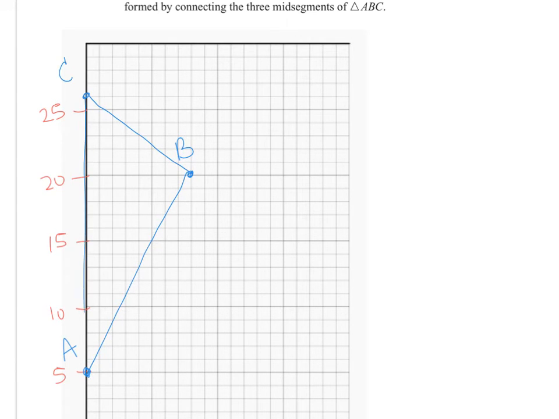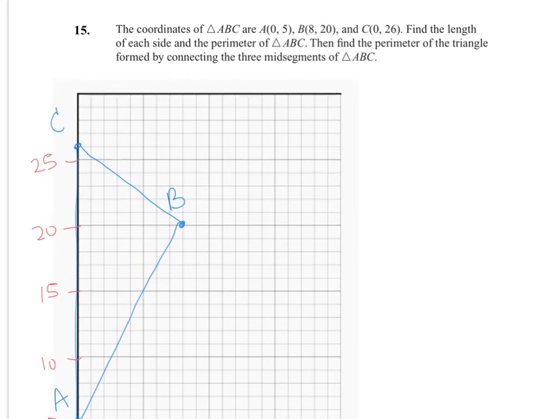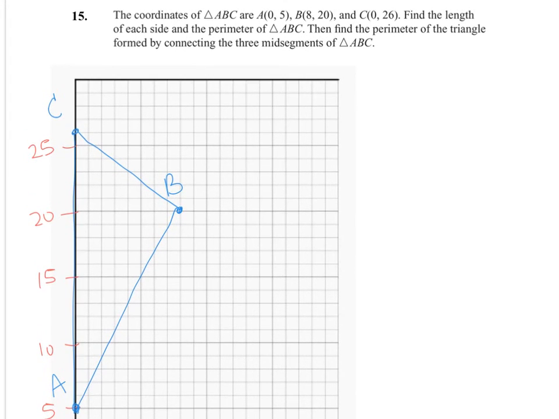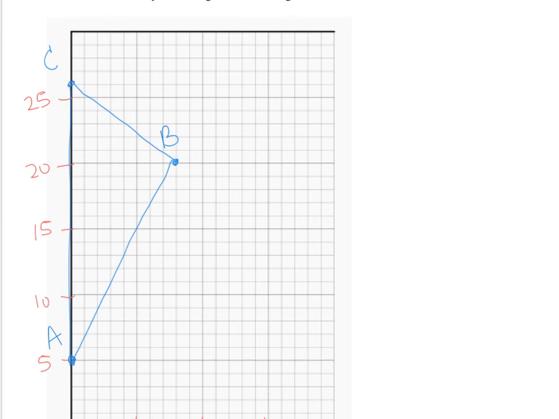There's our triangle. So we need to find some lengths. It says it wants the length of each side and the perimeter of ABC. So we need the length of AB.